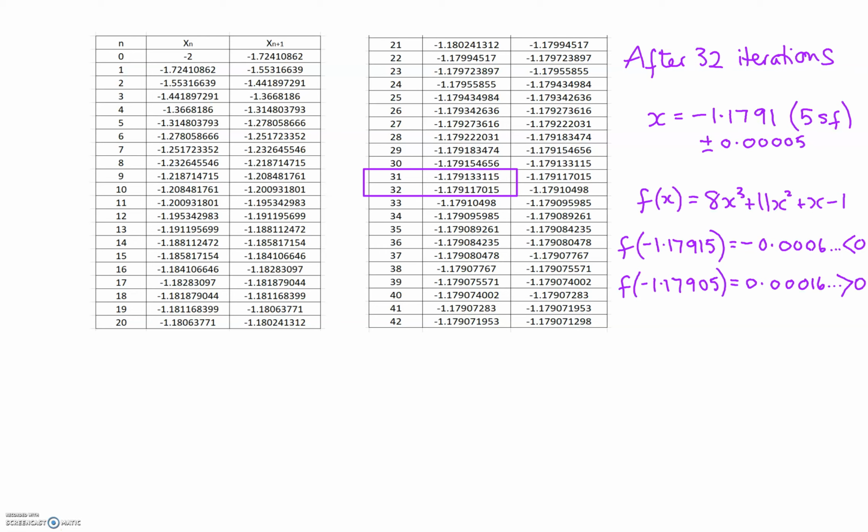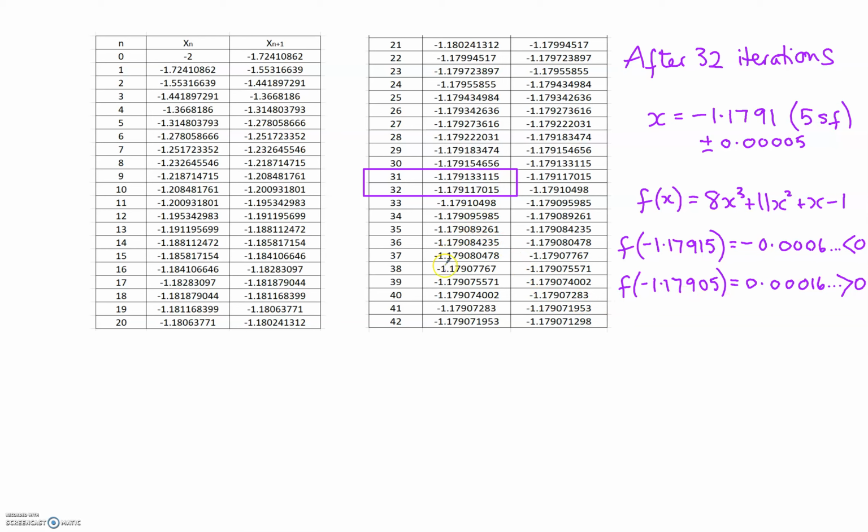You can see that after 32 iterations, you have got a root of negative 1.1791 to 5 significant figures. I have substituted the error bounds back into our original equation, and we have got a negative and a positive value for f of x, which shows that our graph has cut the x-axis in between, and so it verifies our root.